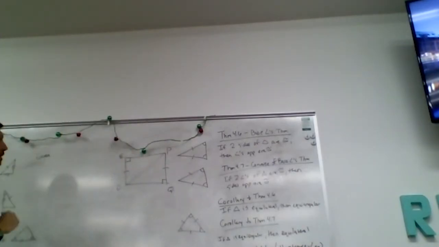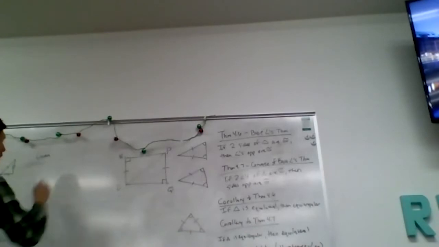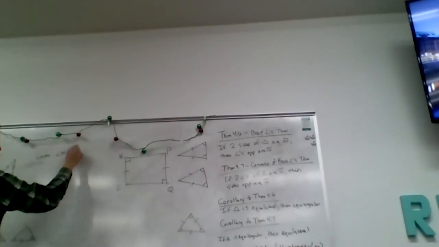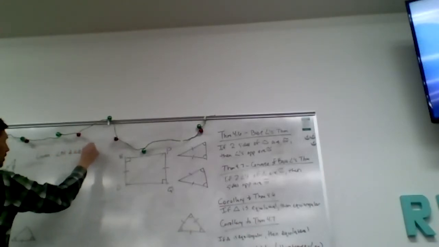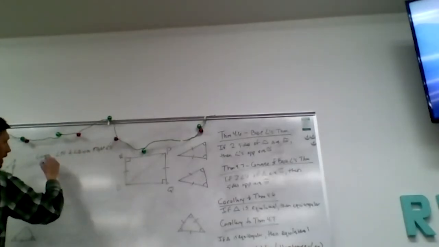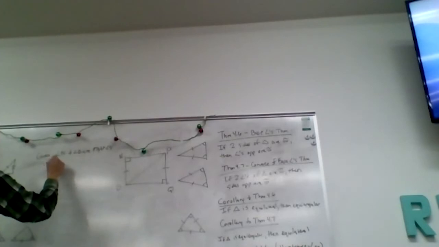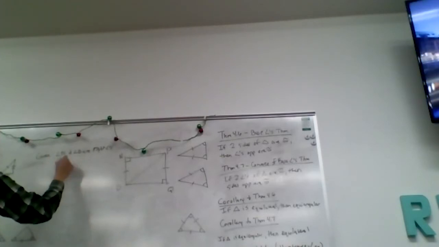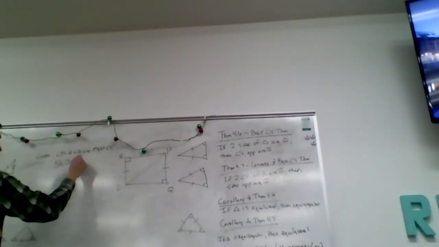All right, so this is what we're given. We're given the following: that angle N and angle Q are right angles, and that line segment ON is congruent to line segment QP.